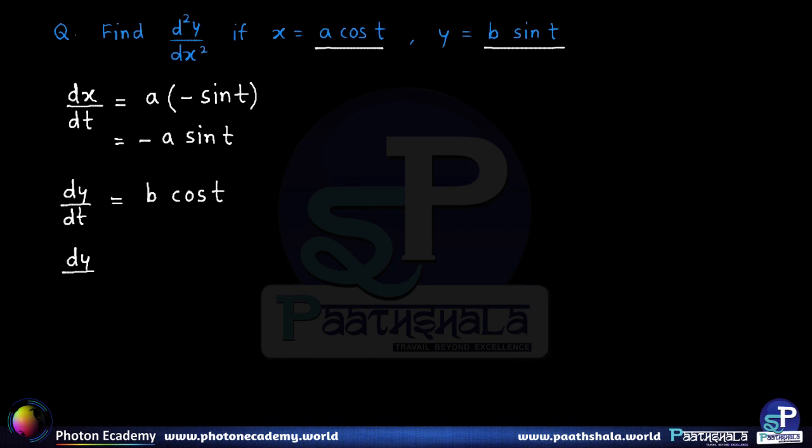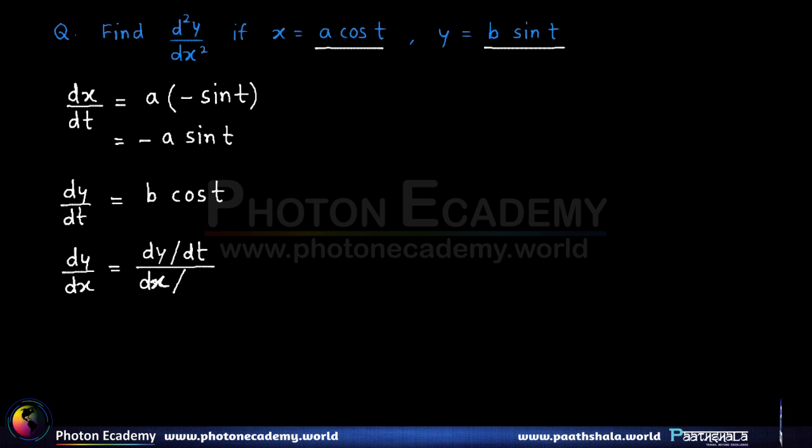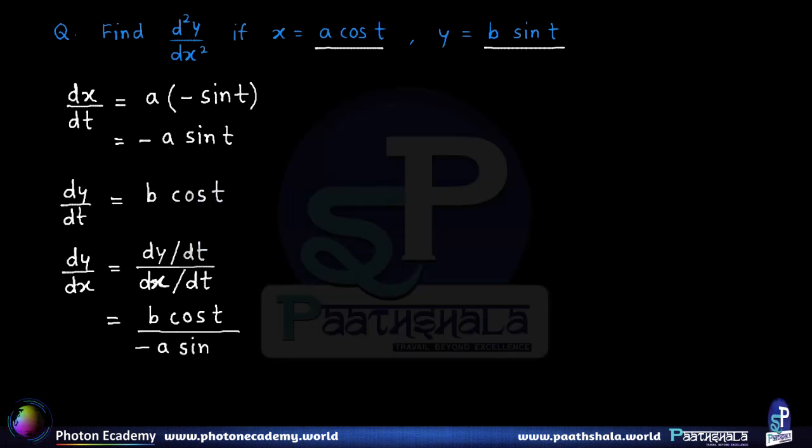Now to find the first order derivative of y with respect to x, we have that as dy by dt upon dx by dt. So that turns out to be dy by dt is b cos t divided by dx by dt is minus a sin t, right?